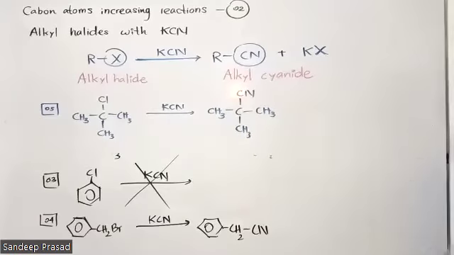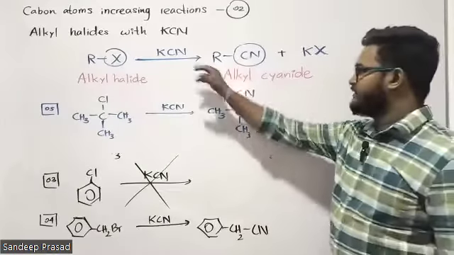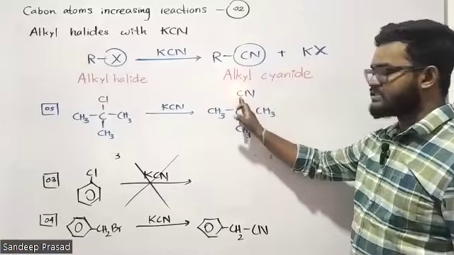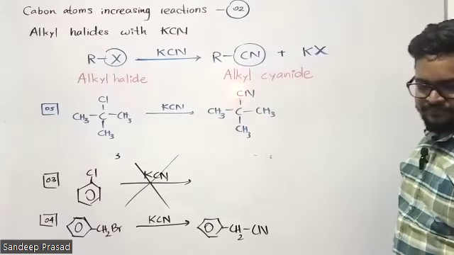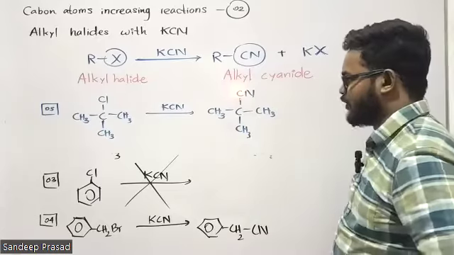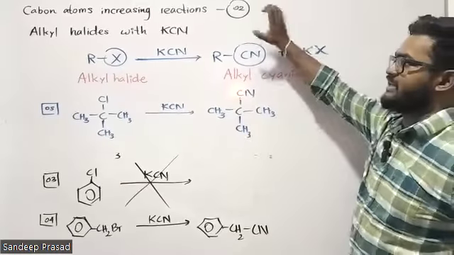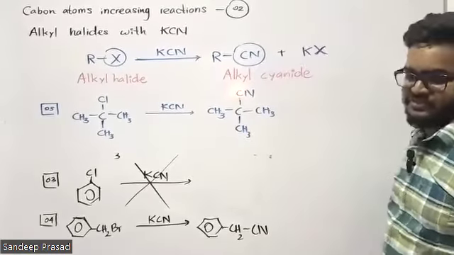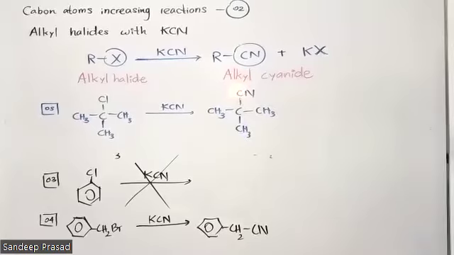That's also very easy, right? By adding KCN, what we have done, we have increased one carbon atom in the molecule. That's why this is categorized under carbon atoms increasing reactions. Got it? Carbon atoms increasing reactions.